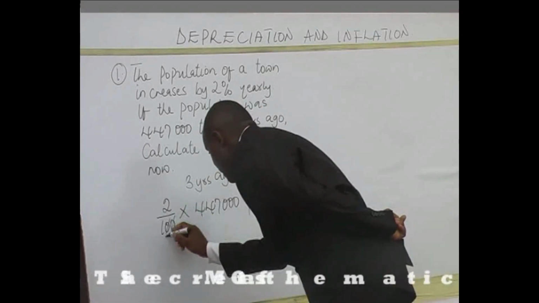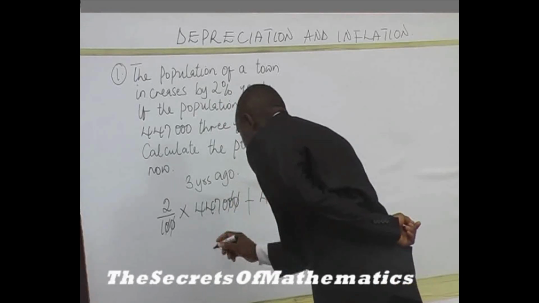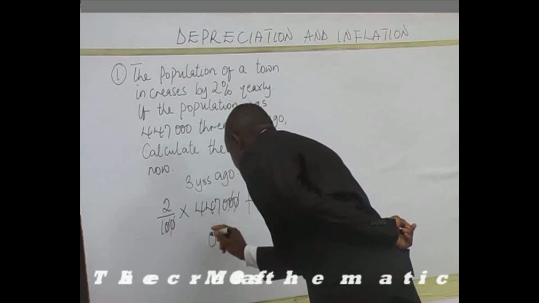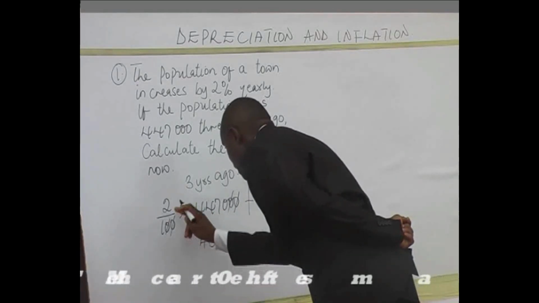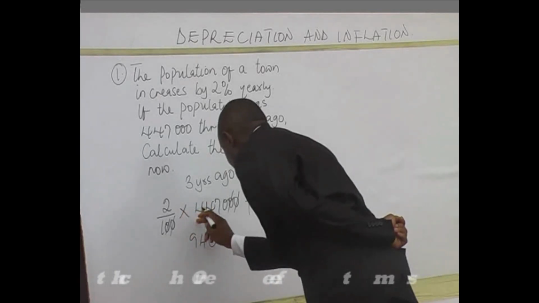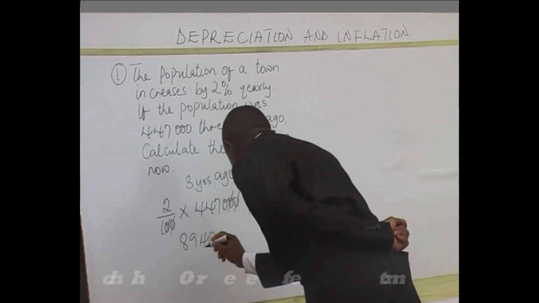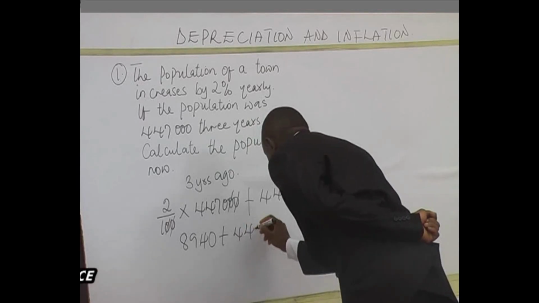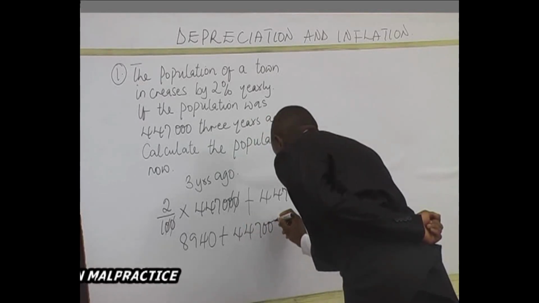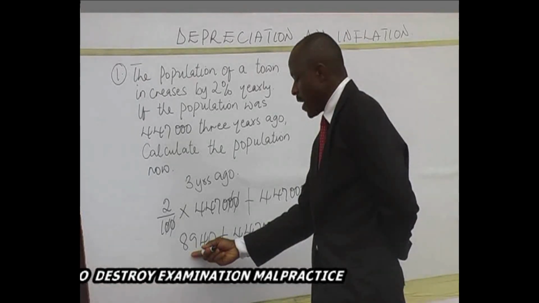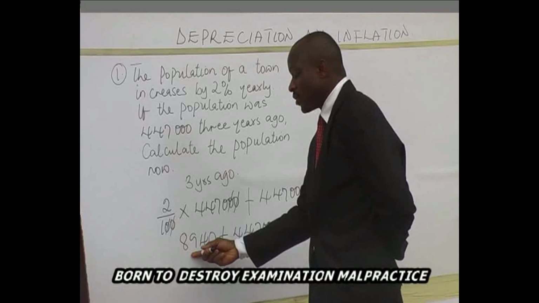You can cancel this, cancel this. 2 times 0 is 0. 2 times 7 is 14. Raise 1. 2 times 4 is 8 plus 1 is 9. 2 times 4 is 8. So you have this plus 700. So this is the increase in the third year.